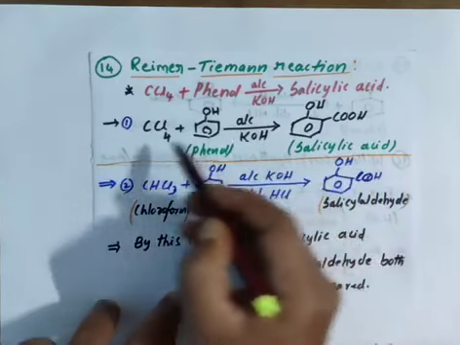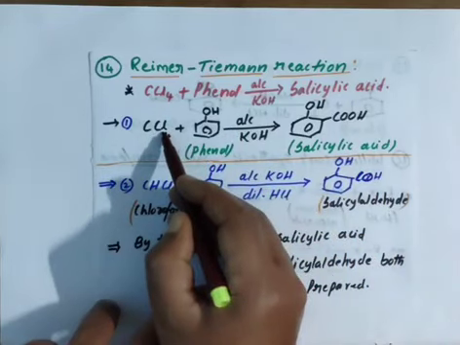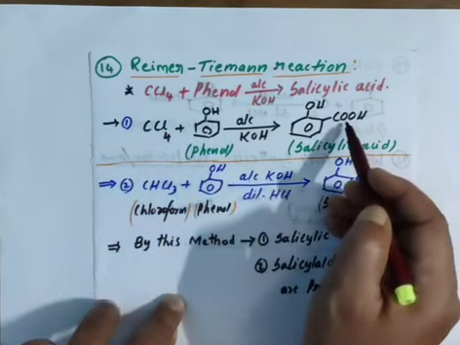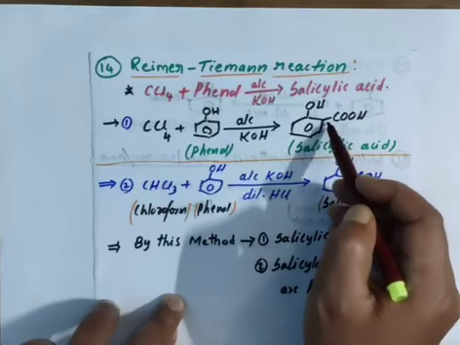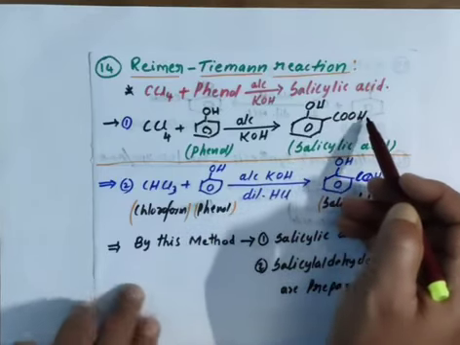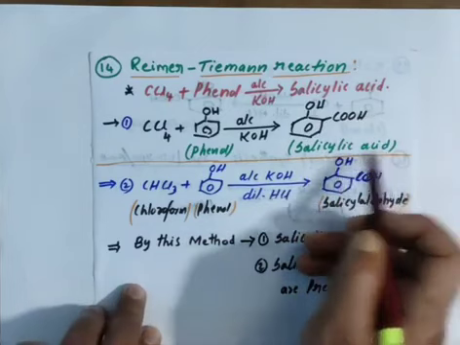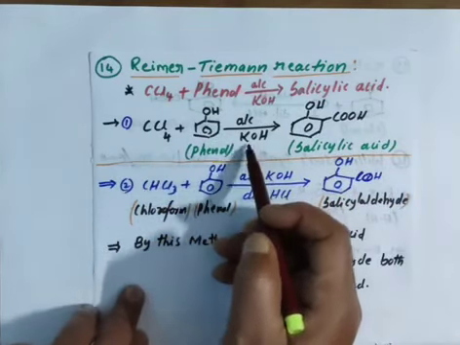And this CCl4 is converted into COOH group. This is ortho director and it will be attacked here as COOH. So in Reimer-Tiemann reaction, we are preparing salicylic acid with CCl4 and phenol, alcoholic KOH.